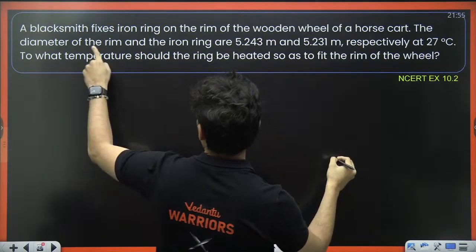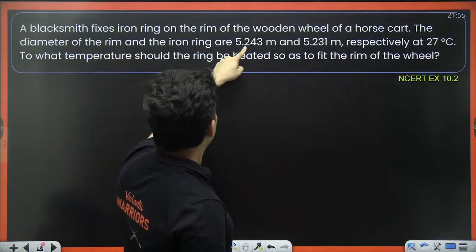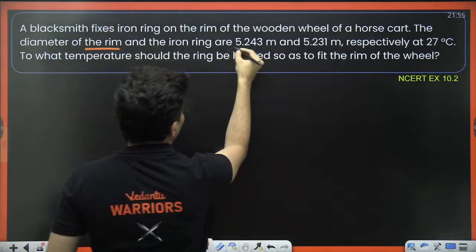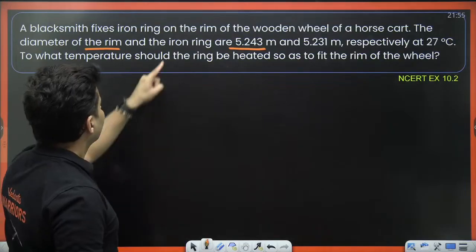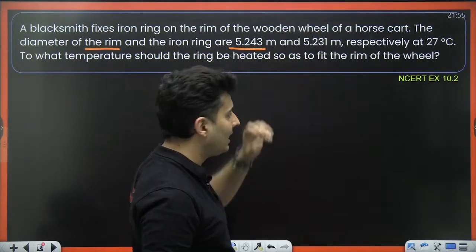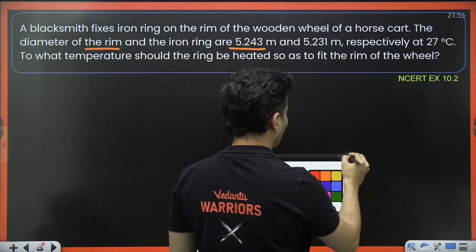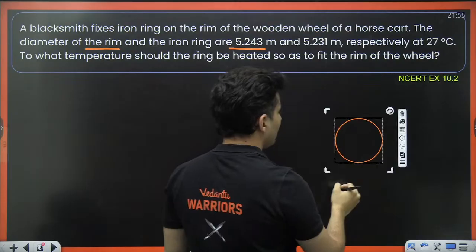See, the diameter of the rim is given and that is 5.243. The ring is 5.231. This is slightly less. Maybe there is a deliberate reason for that. What could be the reason?